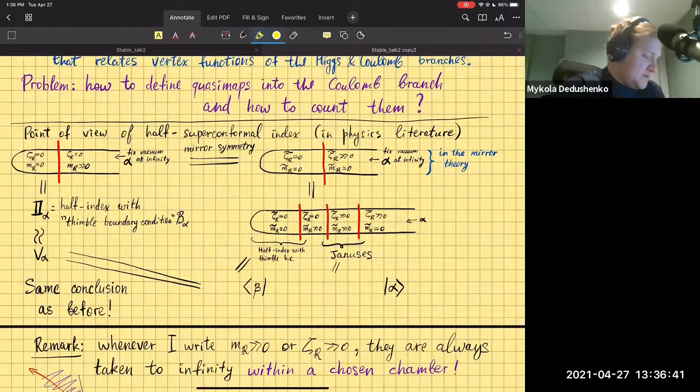Yeah, so here I wanted to add one more point of view on this same discussion, one that's probably closer to what one can find in some physics literature.